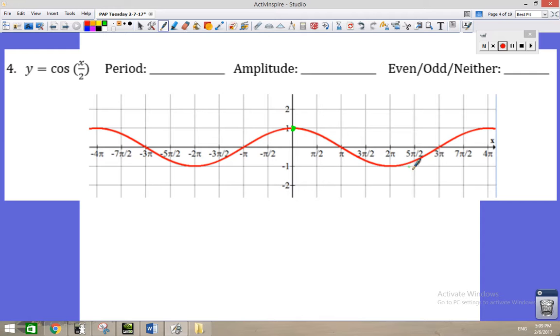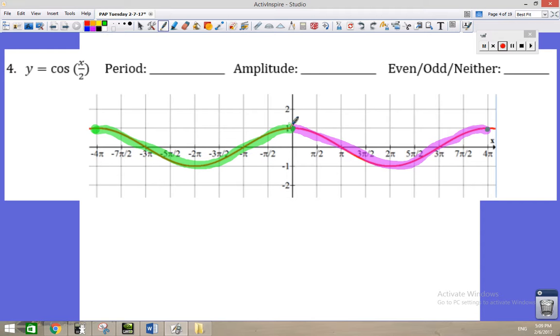We go down, we come up, then we come back up to that point. So we've completed one cycle of this. Here's one cycle of this cosine graph, because over here out to -4 we can see that this, being a mirror image across the y-axis, is another complete cycle.